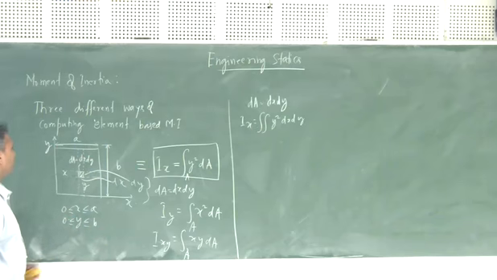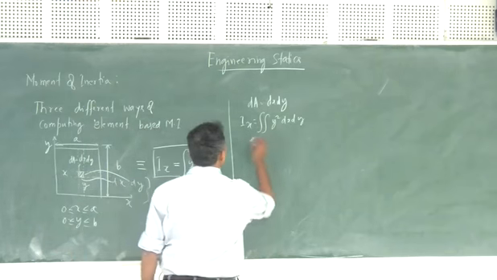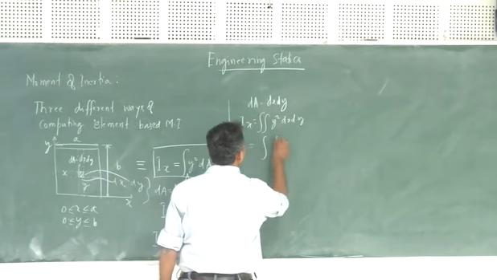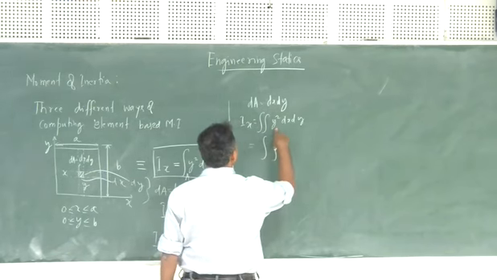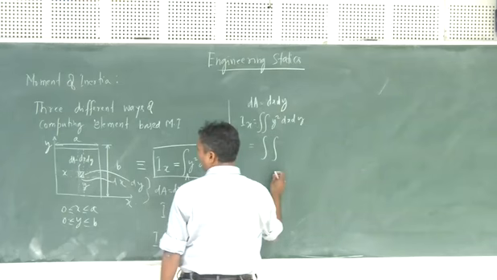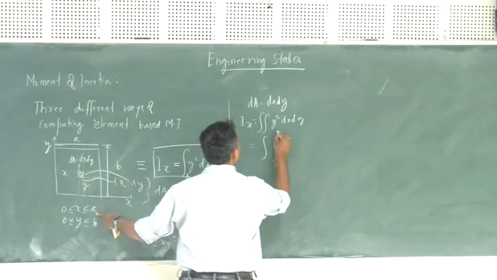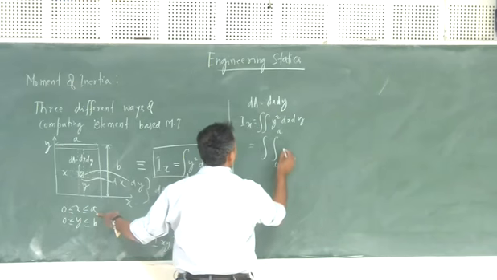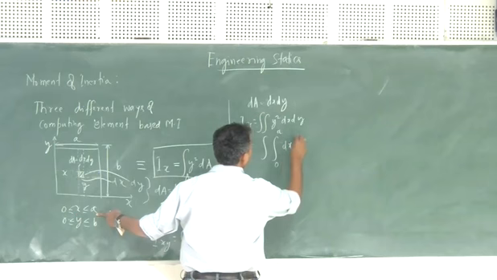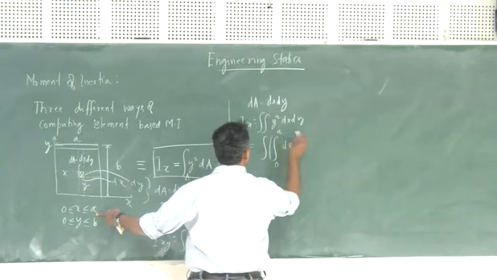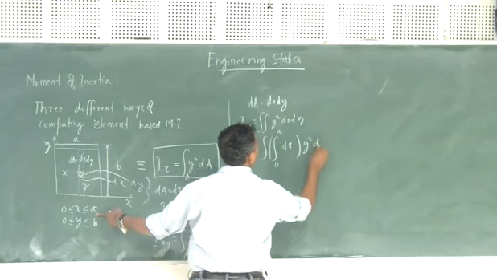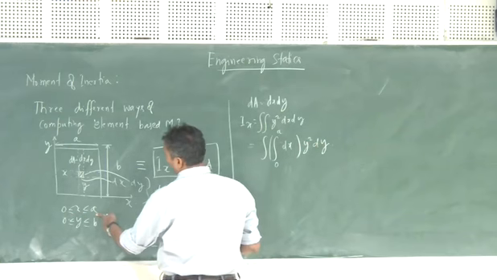So if you have to compute this moment of inertia Ix, then with fixed y, dx will vary from 0 to a, and then your y squared dy will vary from 0 to b.